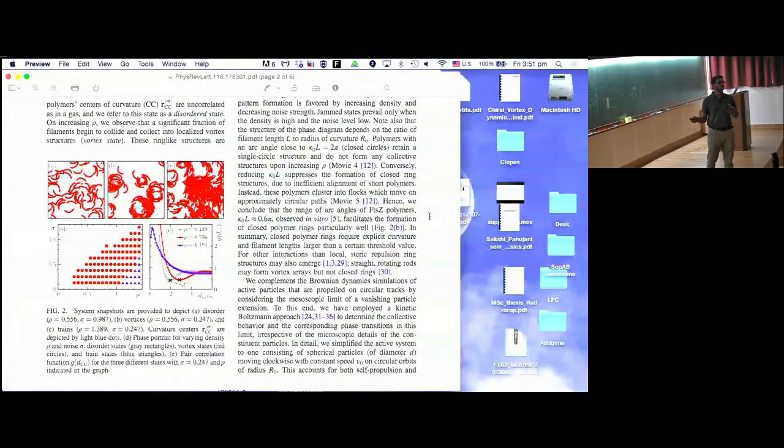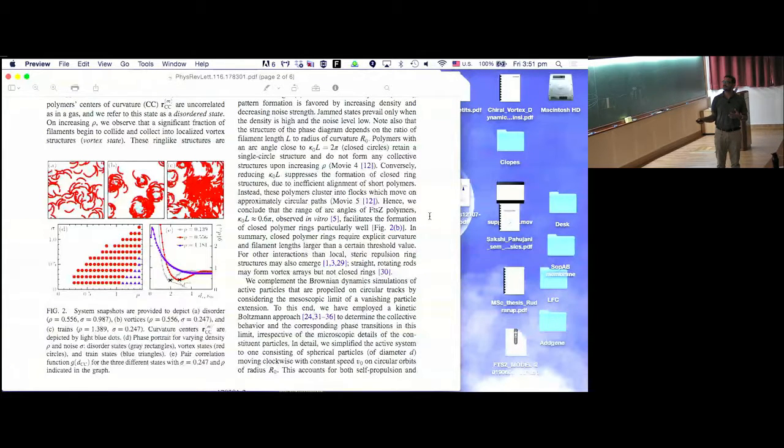I think there is a distribution of radii, but I didn't see any plot that gives the distribution. In fact, not even a mean of the radius is given. Maybe, I'm guessing, because they couldn't characterize the vortices very precisely, so they had to resort to a correlation function to deduce the existence of these vortices and structure formation.